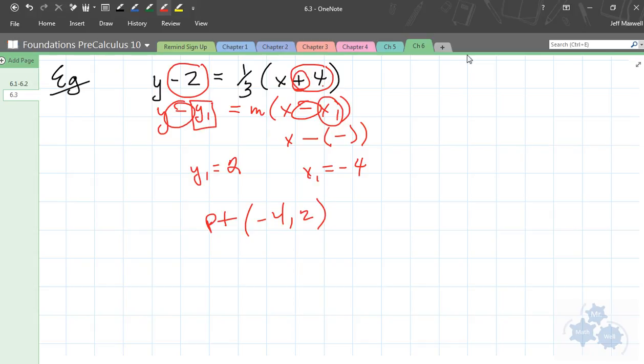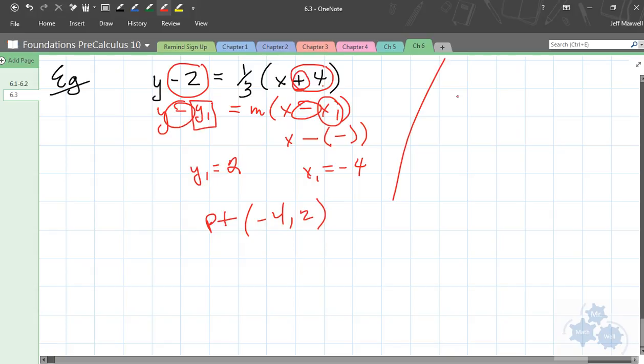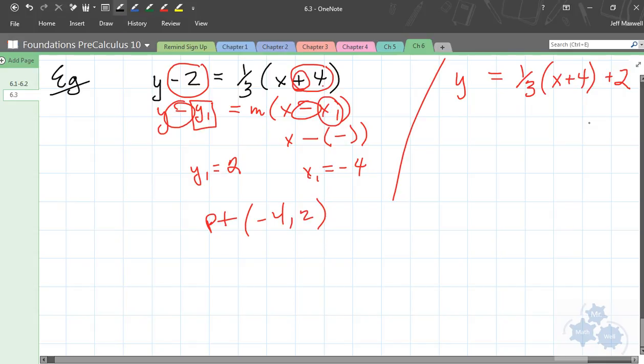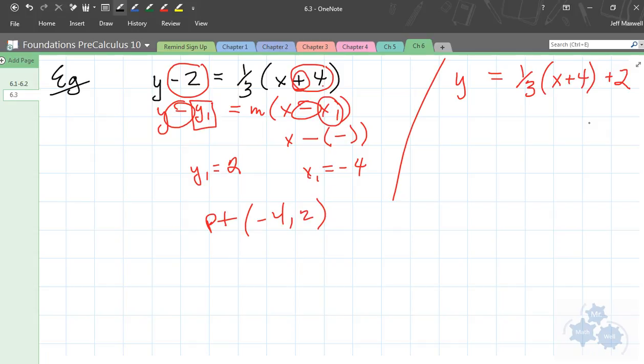The only other thing that will come is if this format is rearranged a little bit, like I did with the y equals mx plus b, remember that? So for example, this same line could be written like this. Now look at this right here. You see how I've moved that -2? You see how I've moved that value to the other side of the equation?